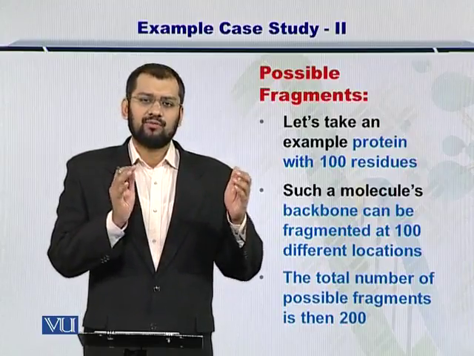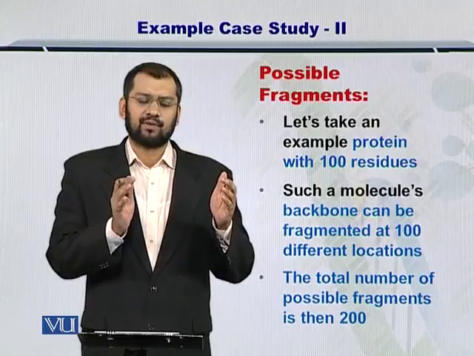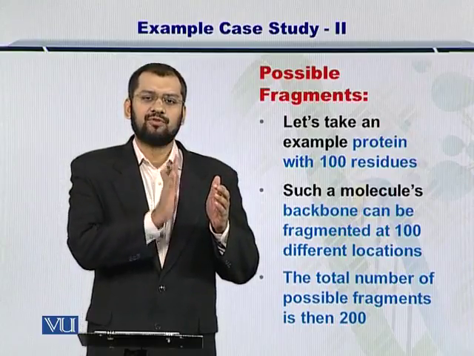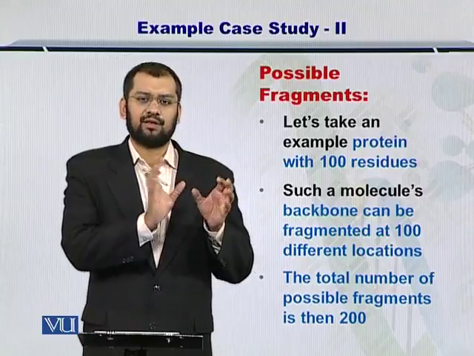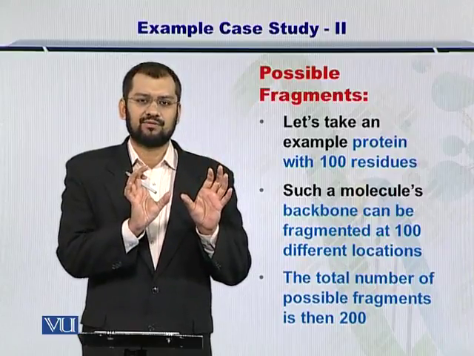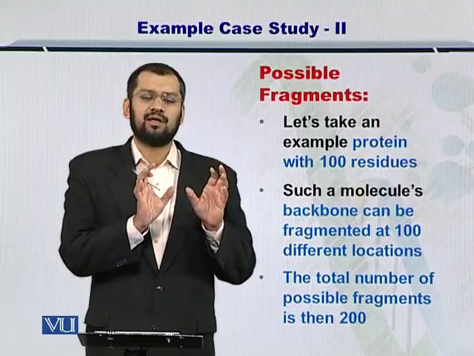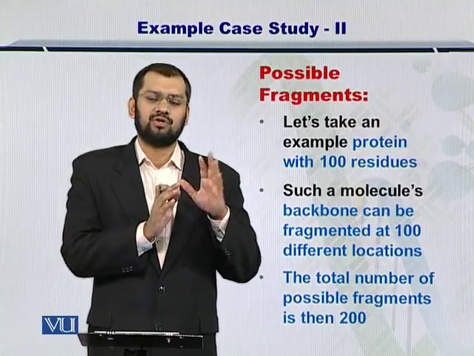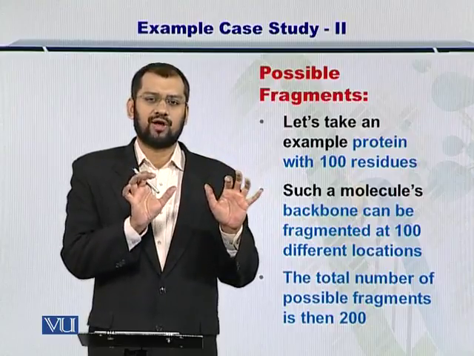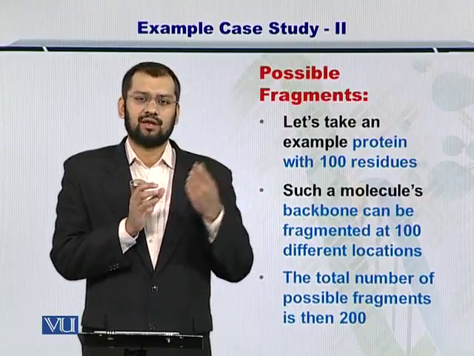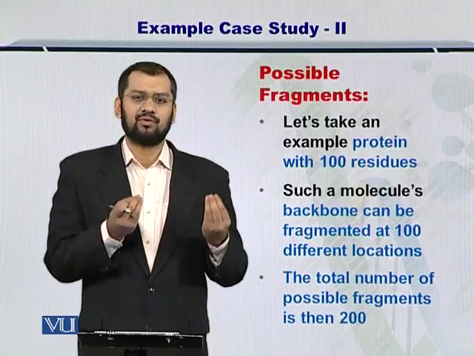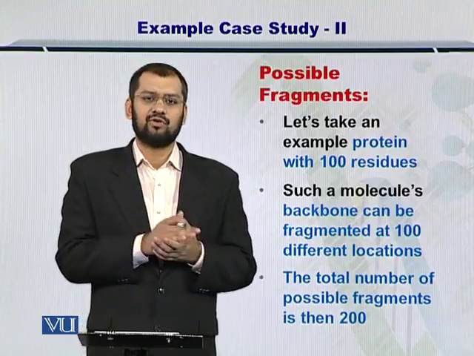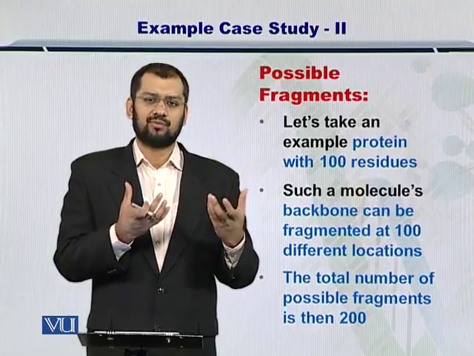If you have a protein with 100 residues, and let's say you fragment the protein at the 50th amino acid residue, then you will obtain two fragments. Similarly, if you were to fragment the protein at the second residue, you will also have two fragments. Then you take another molecule of this intact protein or peptide and you fragment it at the 40th residue, you will have two fragments as well.